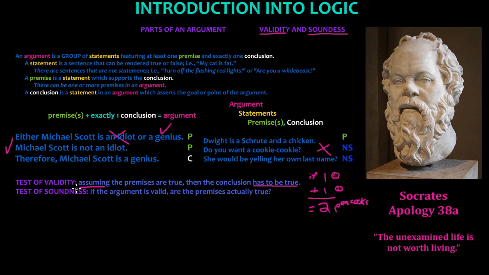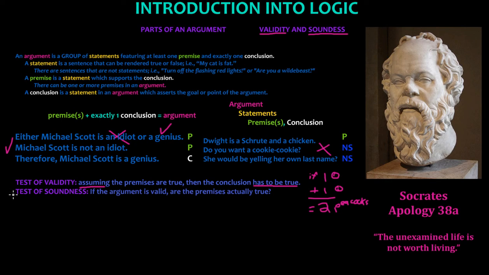Now we are going to look at its soundness. In this case, if the argument is valid, so if this test over here is passed, are the premises actually true? Here is a substantial difference between what these tests are really looking at. The first is saying, okay, if we assume for the sake of argument that your premises are true, does your conclusion logically follow from your premises?